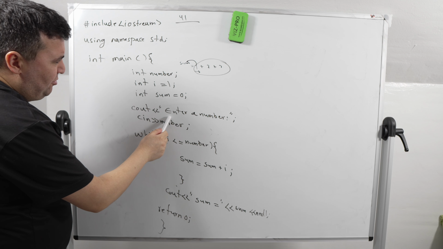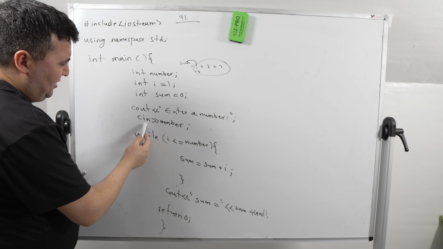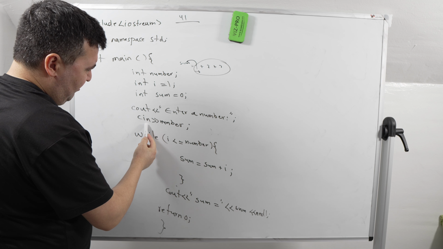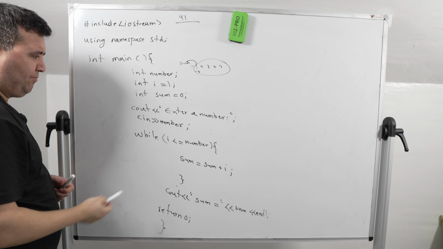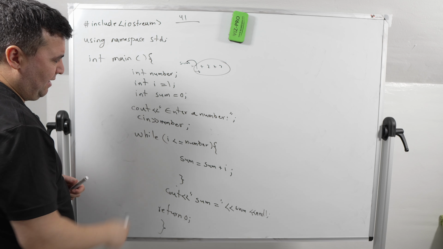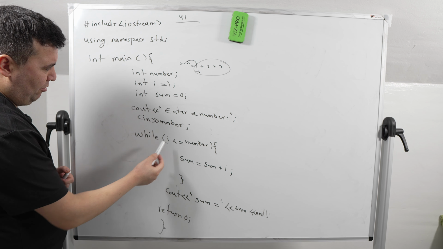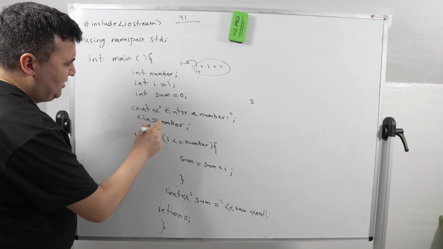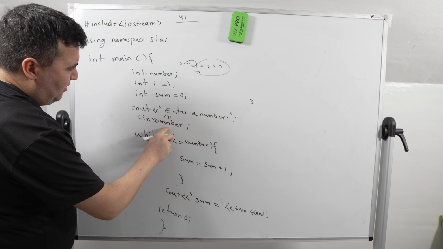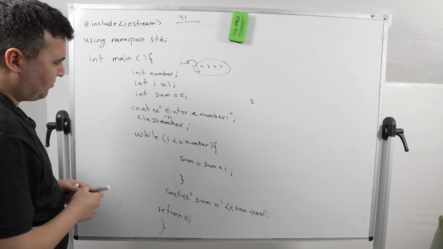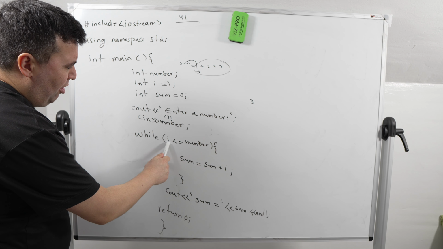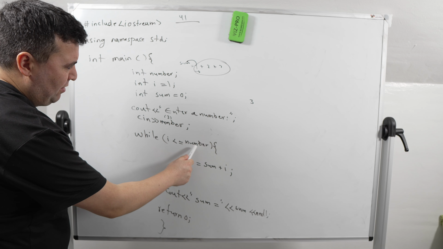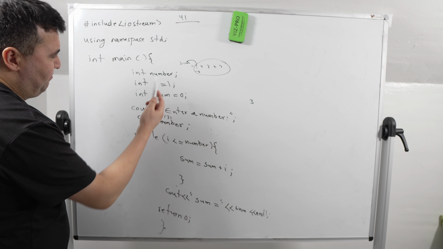So here we ask the user to enter a number. When the user enters a number, we use cin to store that number inside the number variable, and then we check the while loop. For example, the user enters number 3, and this 3 goes inside the number variable. Then we check while i is smaller than or equal to number. i is 1.